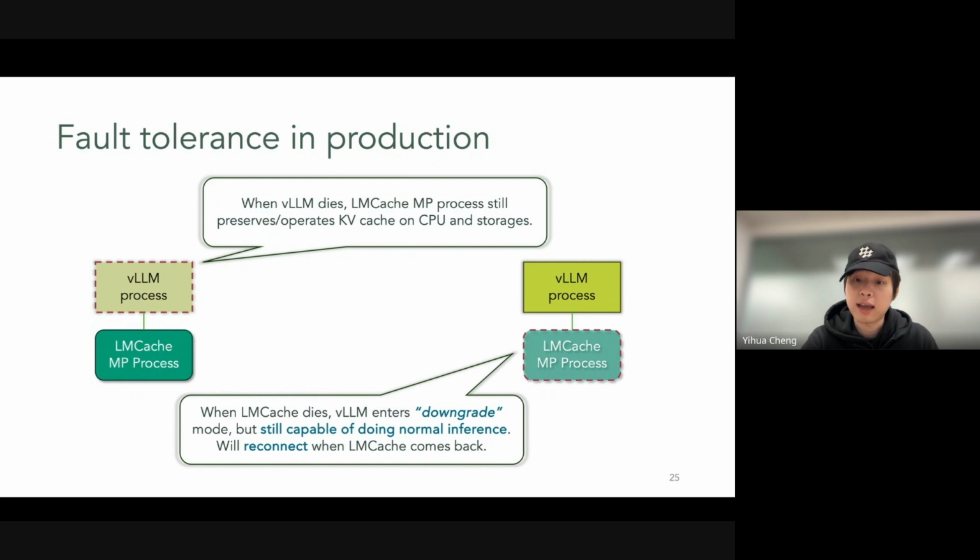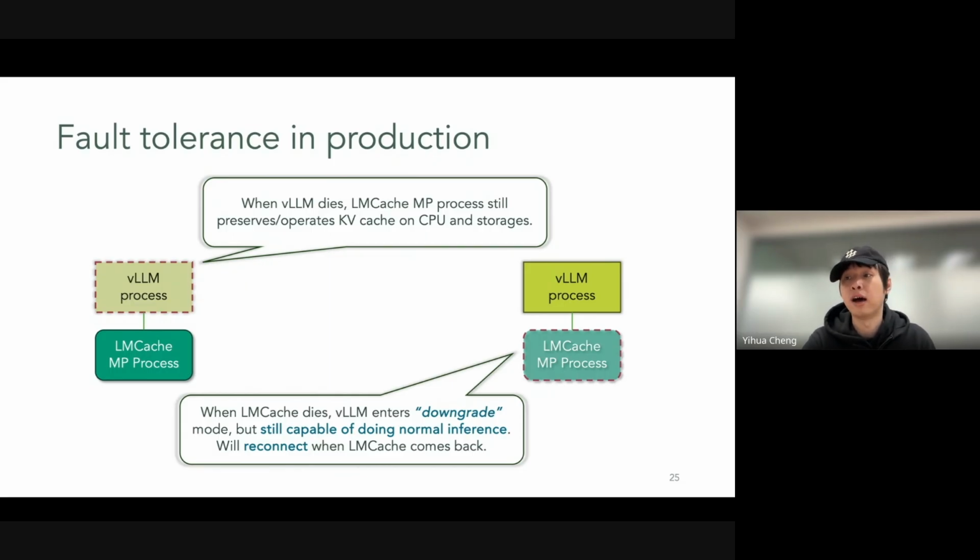On the other hand, if there's anything wrong with the LMCache process, we already have the functionality to make sure that it does not break vLLM. If the LMCache process becomes unhealthy, the vLLM process will automatically detect that and enter the downgrade mode.